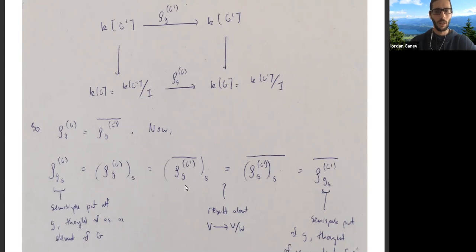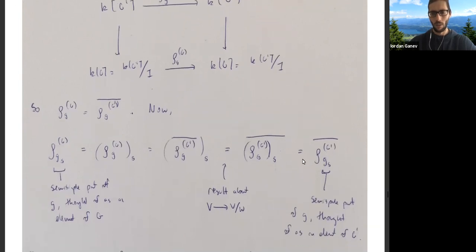And then by this commutative diagram, we write this rho g as the map induced by the rho g for G prime. And then we're taking the semisimple part, and by our previous results about semisimple and unipotent parts interacting well with quotient maps, we see that this is the induced map by the semisimple part of rho g, thought of as an element in G prime. And then we use the definition of g sub s to put the semisimple part on the G component.